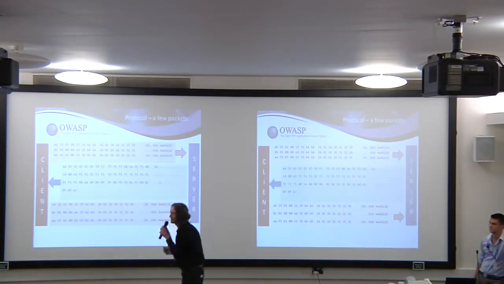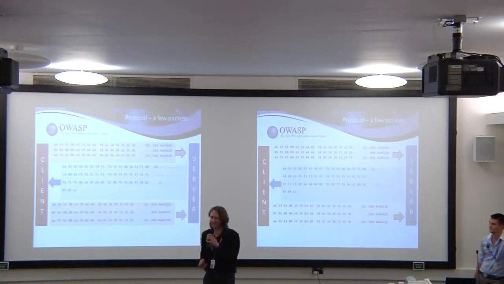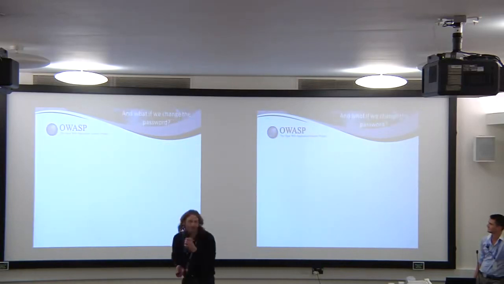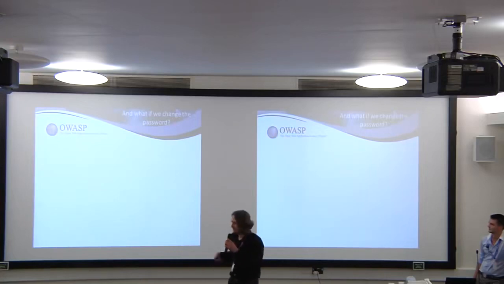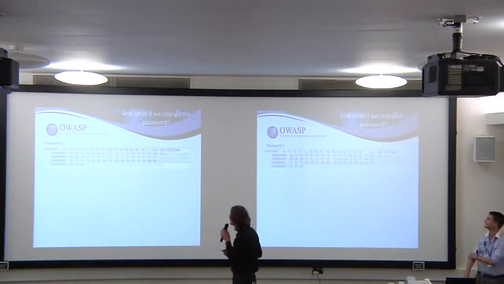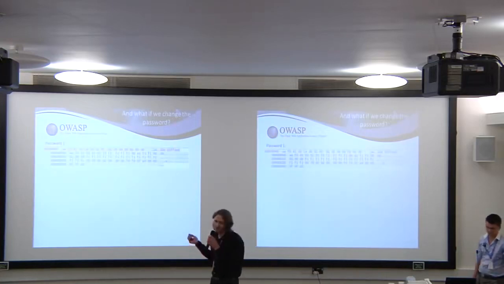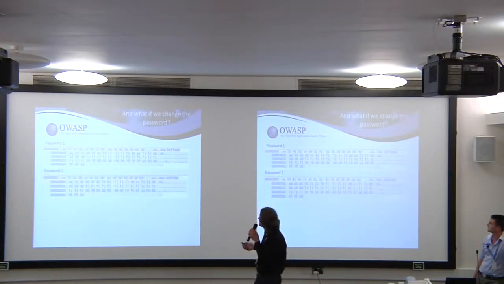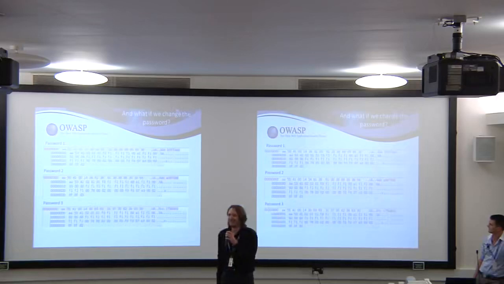The truth is much simpler because, in our testing environment, we could change some things, for example, change the password. We can configure it and look how the packets behave. For example, this is how it looks with the first password, this is how it looks with the second password, and with the third password.